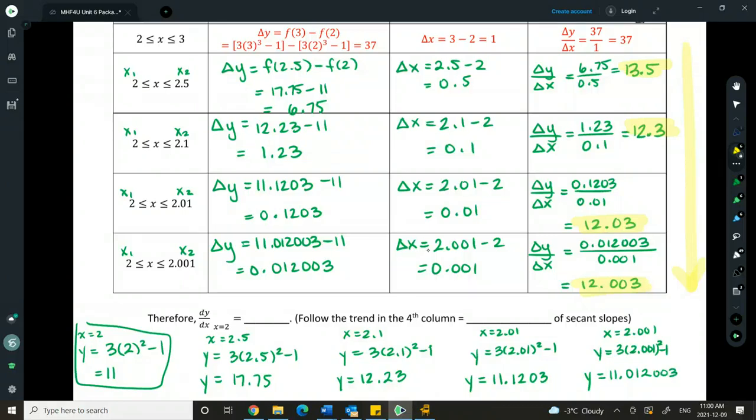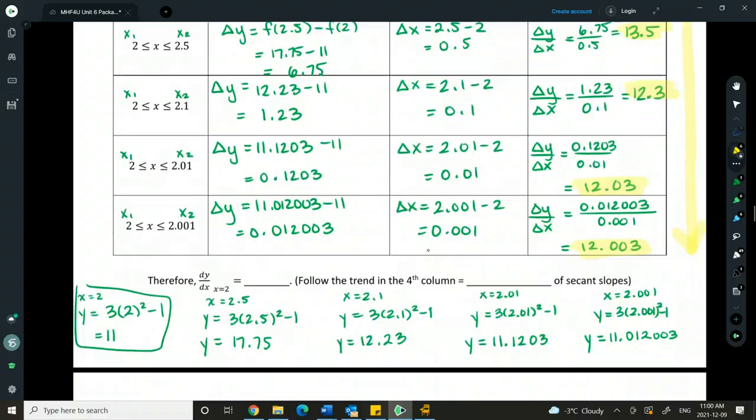What value could we maybe guess? What was that? 12. Okay, so these are getting closer and closer to 12. If we were to make an interval that's even smaller than this one, we would assume that we'll get 12.0003 or 12.000003, depending on how close we make it.